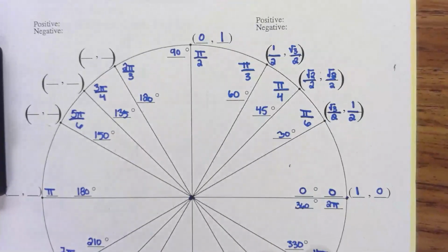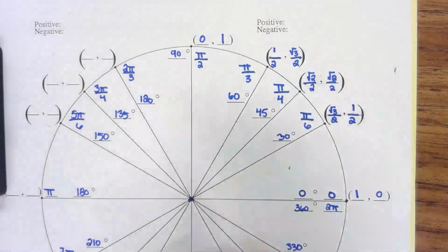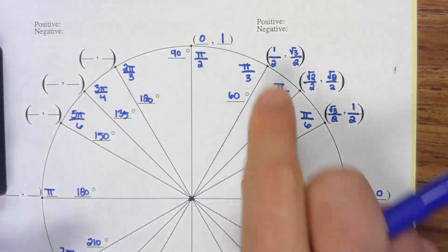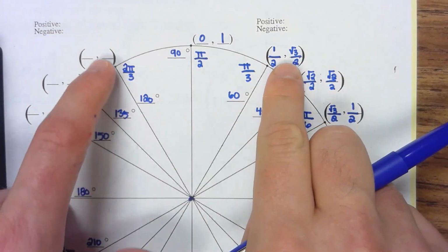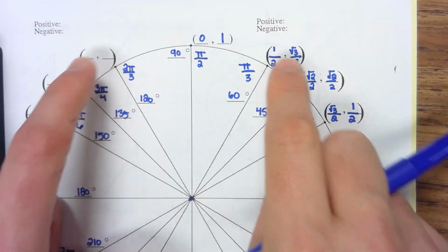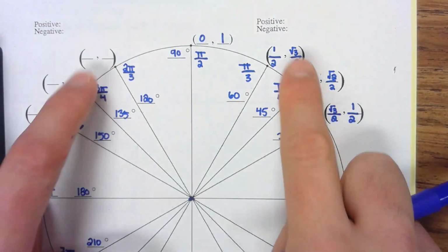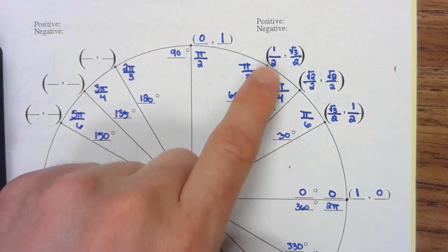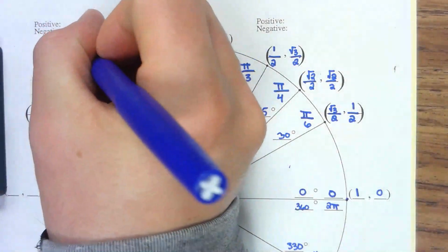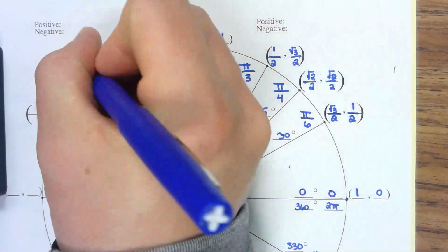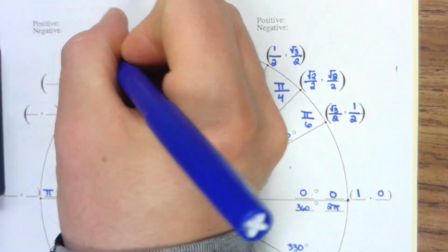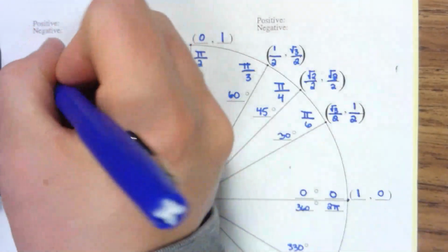And now, let's think about how we can use these coordinates over here. With quadrant 1's, I can basically just copy these same coordinates for each value, and I'll come back and change the signs. So 1/2, that's the x-coordinate at 2 pi over 3. Y is root 3 over 2.